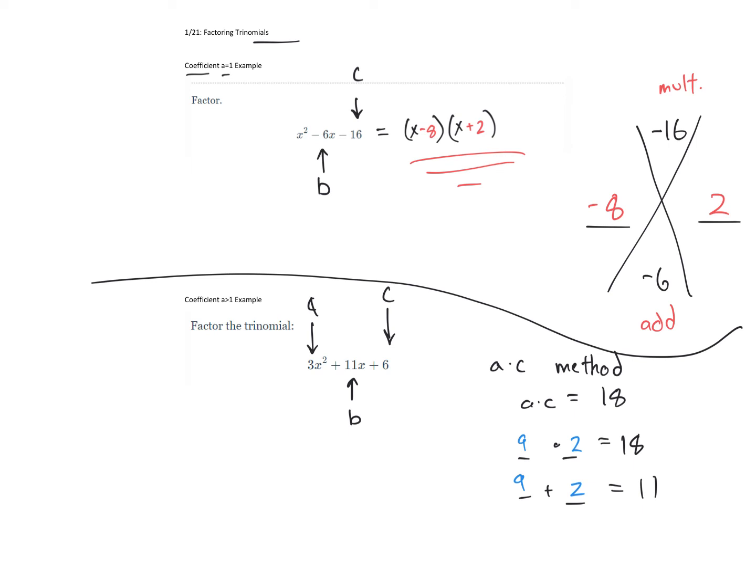But this is what we're going to do. We're going to rewrite this expression, but that 11x in the middle is going to split into 9x plus 2x. See, only the 11x changes. So this is starting to be very different from the X game method.